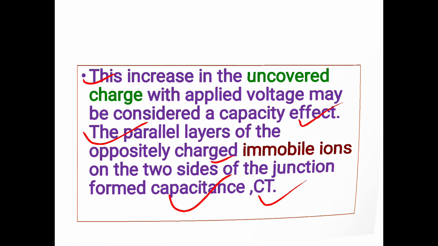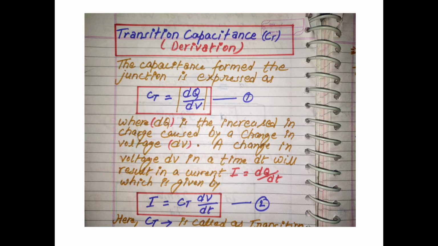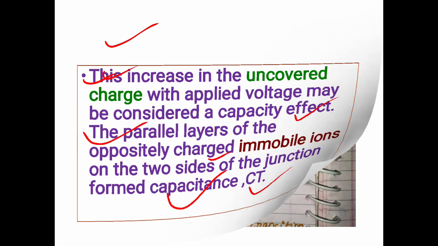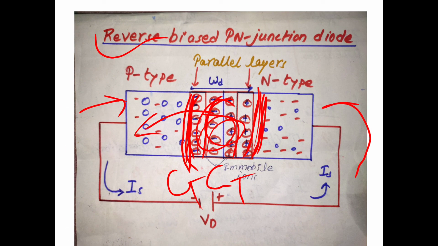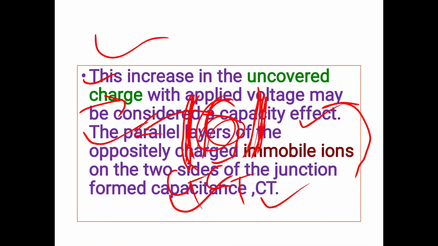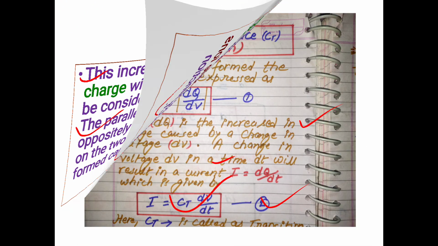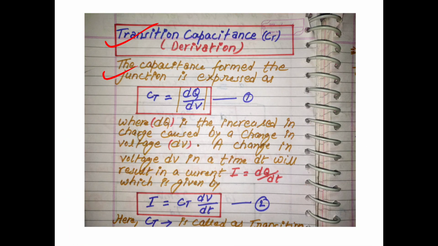Now friends, we are going to derive the equation for the transition capacitance. It is a small derivation that we will be studying here. The capacitance which is formed at the junction is represented by CT, which is equal to dq upon dV.